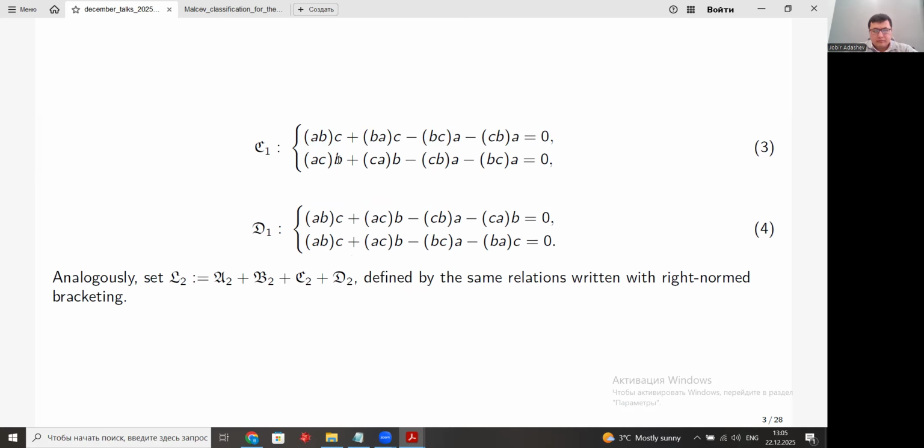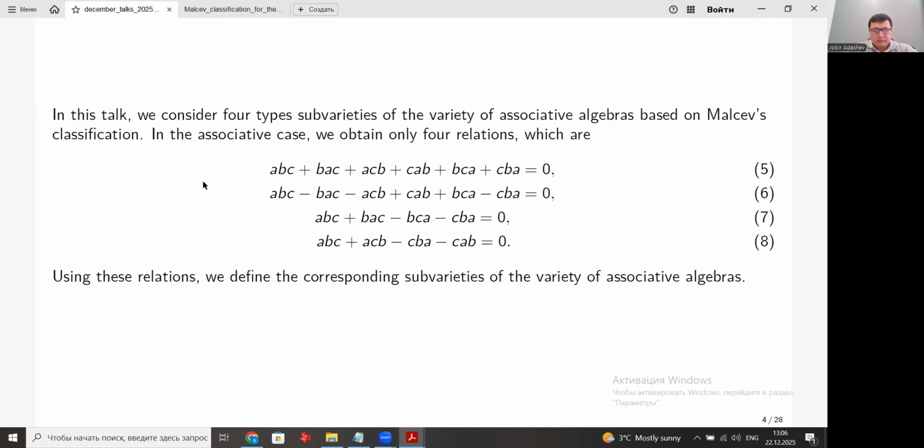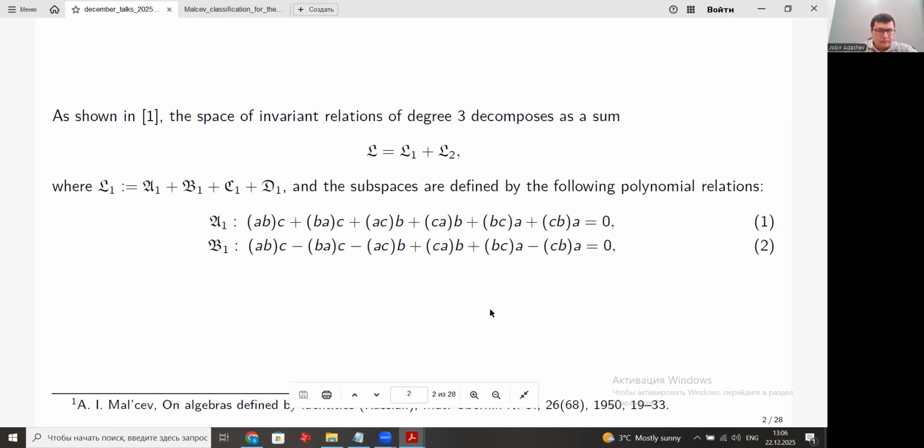The main difference is that here the variables b and c are replaced. So this identity generates the subspace C2, and this identity generates the subspace D2. Using these relations, we define corresponding subvarieties of the variety of associative algebras. Of course, these identities are also given in Malcev's work in 1950.